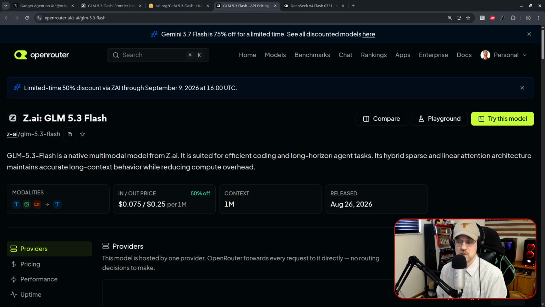Not 5.3 Flash, but 5.2 is going to want to sit there. Sometimes I've actually had it spin off into a ThinkFest that did not end. DeepSeek V4 Flash is guilty of the exact same behavior. They will tend to really overthink, and it does not matter what level of reasoning I have it set on either. They can definitely spin off into never-ending ThinkFests.